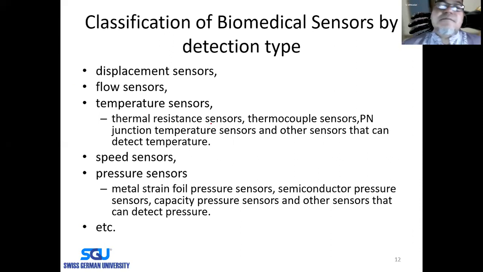Temperature sensor, like thermal resistance sensor, thermocouple sensors, p-n junction temperature sensor, and other sensors that can detect temperature. Speed sensor, measuring the speed. Pressure sensor, like metal strain foil pressure sensor, semiconductor pressure sensor, capacitive pressure sensor, and other sensors that can detect pressure. Okay.